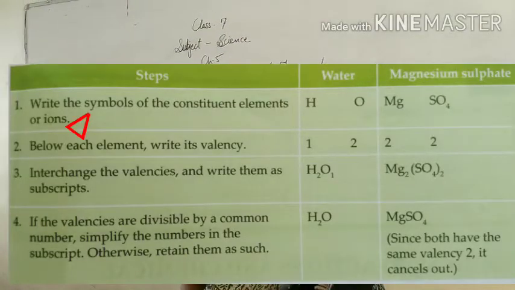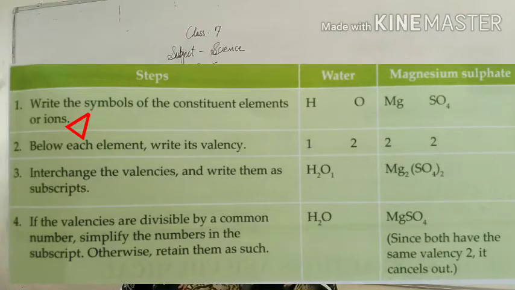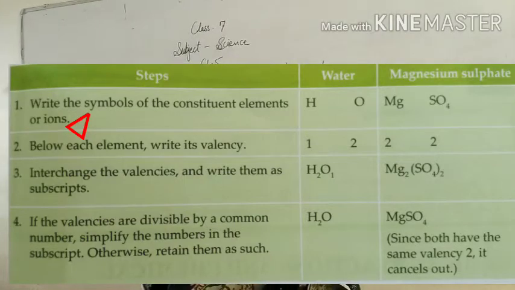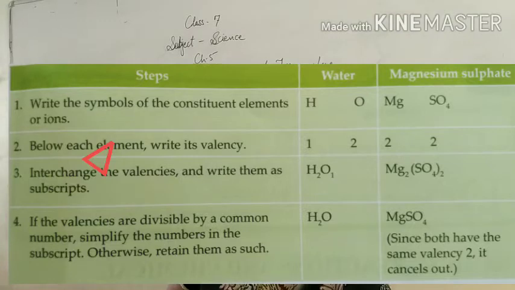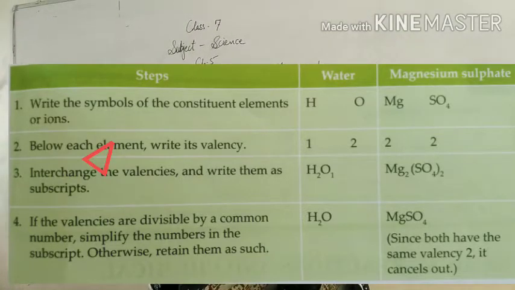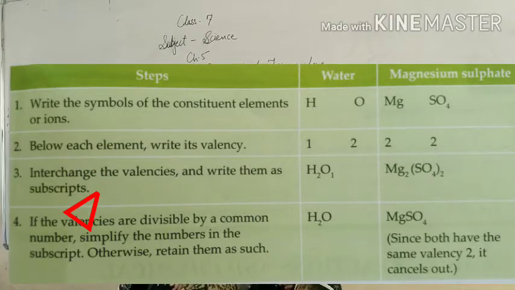Here, first we will write the symbols of the elements of that compound. For example, for water, we are writing H and O. Now, in the second step, we will write the valency of both these elements. Then, in the third step, we will interchange the valencies.